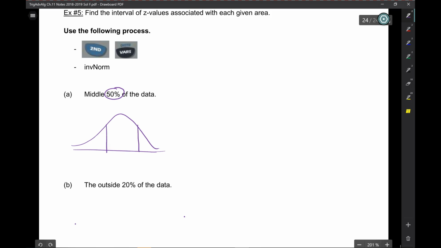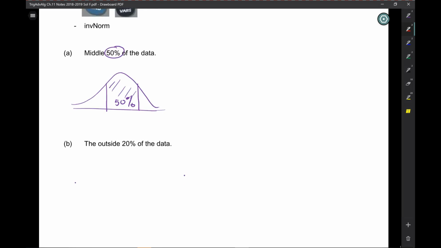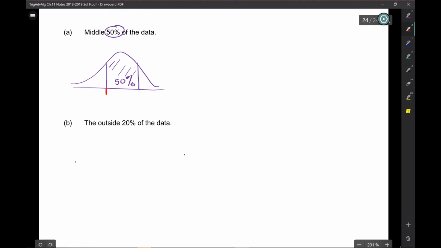Here's the middle 50%, so this and this are 25% and 25%. That means this is the 25% mark, and then you go 50 more, and this is the 75% mark. You do this only because it's 50%. If it wasn't 50%, then it wouldn't be.